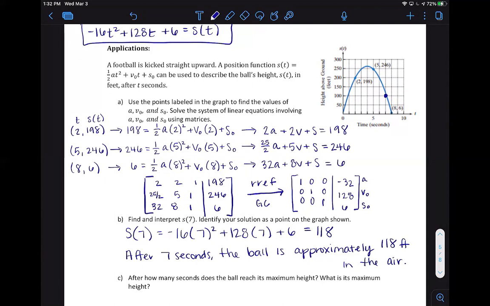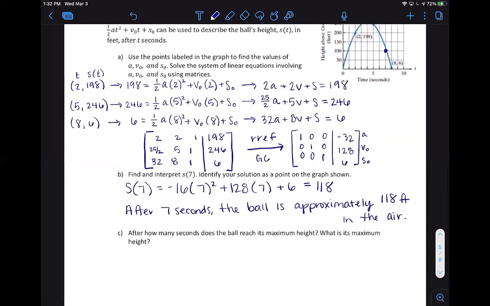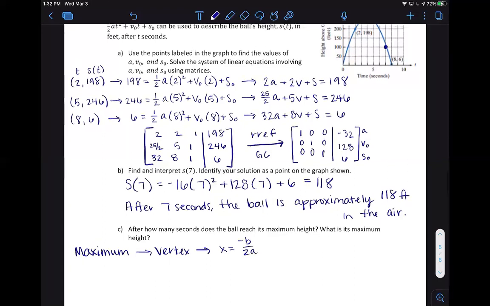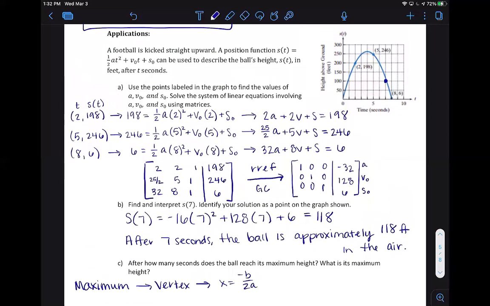Then it says after how many seconds does the ball reach its maximum height, and what is its maximum height? So you have 2 ways you can do this. We know that the maximum is our vertex, which we know x equals negative b over 2a. So you can do that. Well, if we look at the graph, which is given to us, what's the x value, or I guess in this instance, t, of that maximum value?